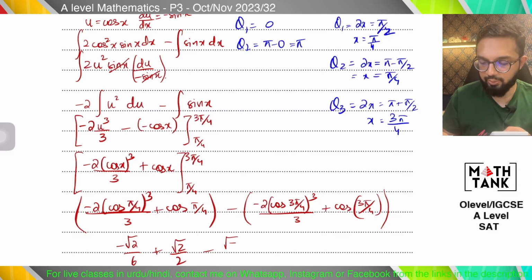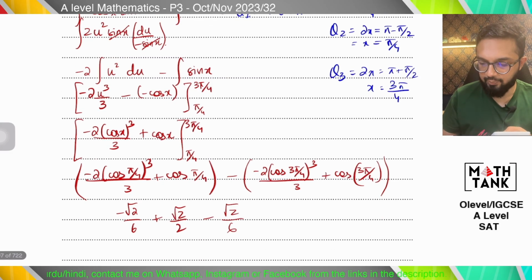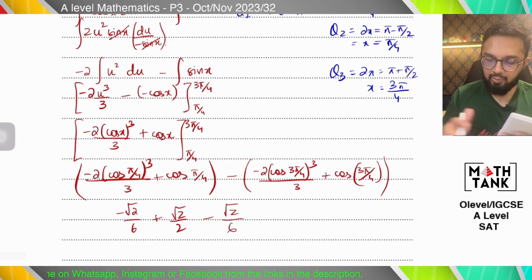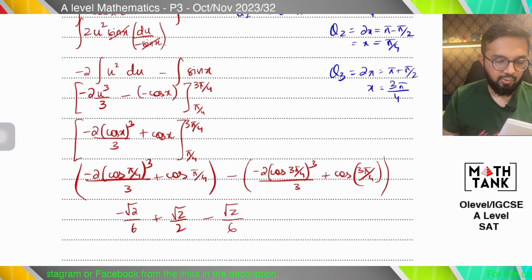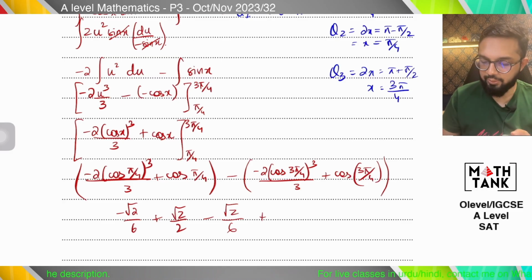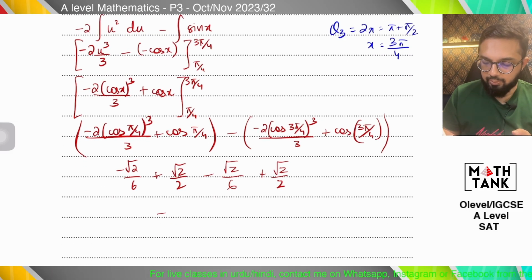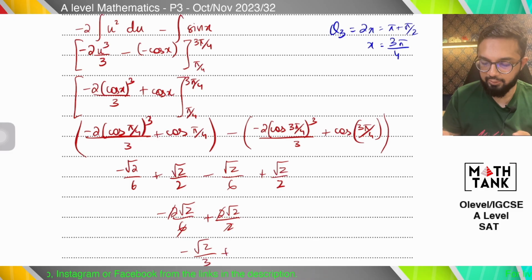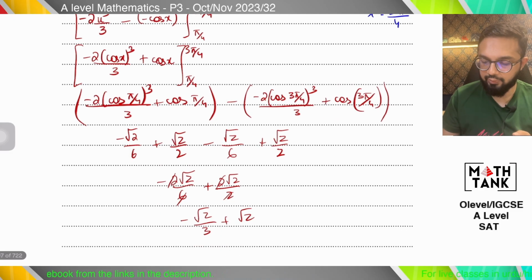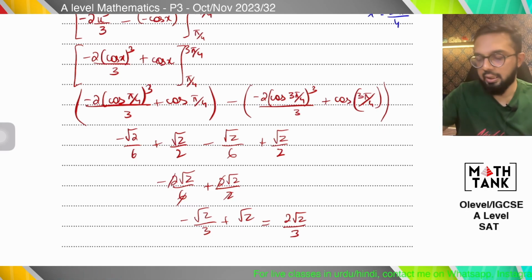So that's minus root 2 over 6 plus root 2 over 2. So minus 2 root 2 over 6 plus 2 root 2 over 2. So minus root 2 over 3 plus root 2. That gives you 2 root 2 over 3, I think. Yep, that is the correct answer.